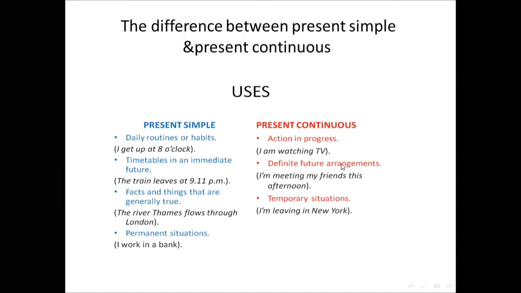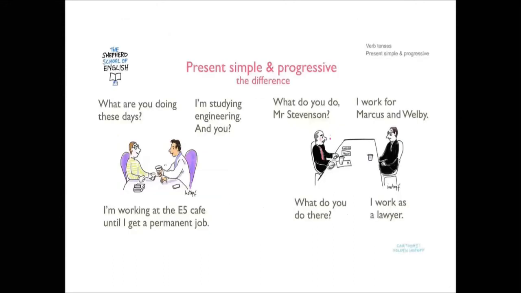Definite future arrangements we call fixed arrangements. Number 3, we use it for facts and things that are general truth. We use it for temporary actions. Last, enjoy the lesson. Thank you very much.